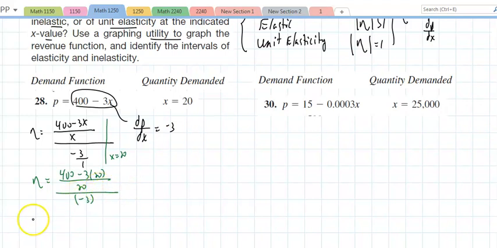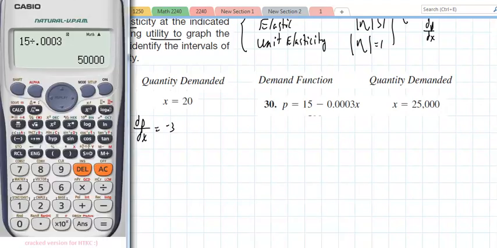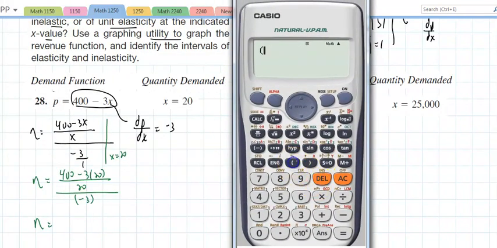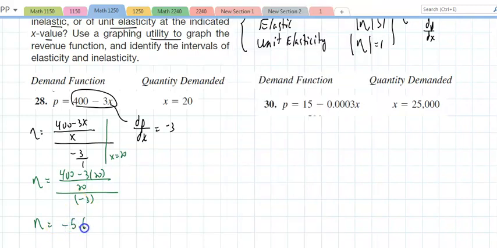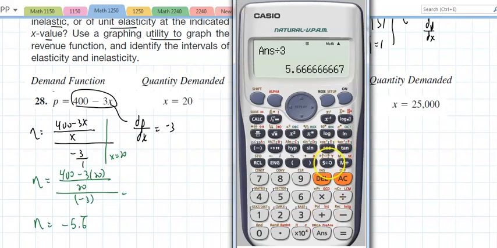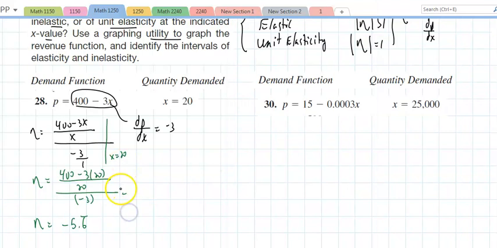And I could put that in my calculator one shot. I could take parentheses, 400 minus 3 times 20 divided by 20. I could hit equal and divide that by a negative 3. Well, that'll be a negative 5.6666, or 17/3.